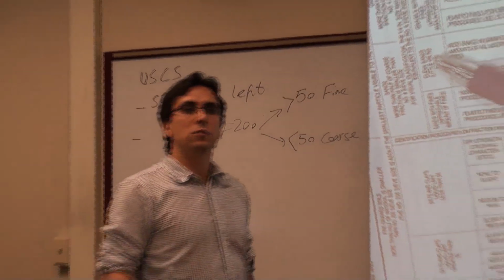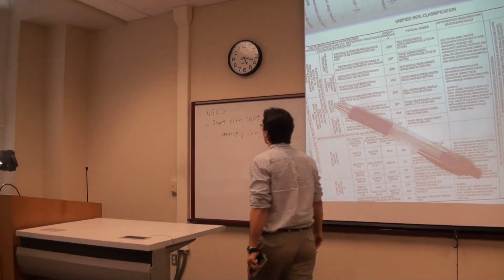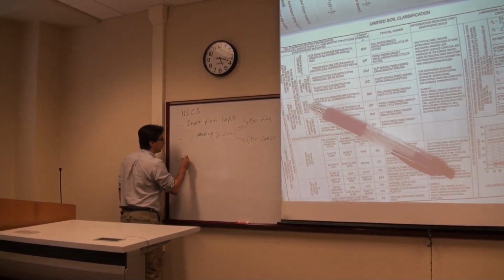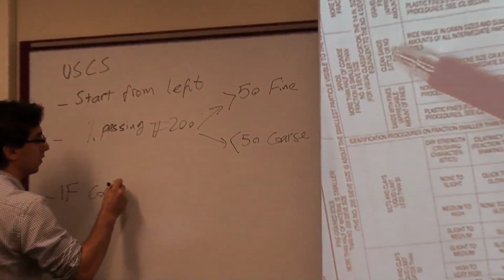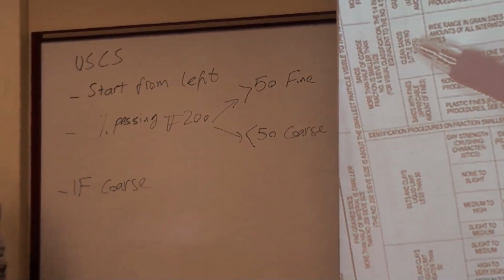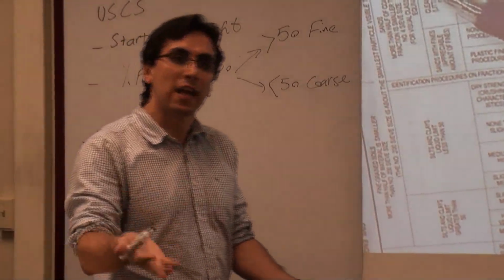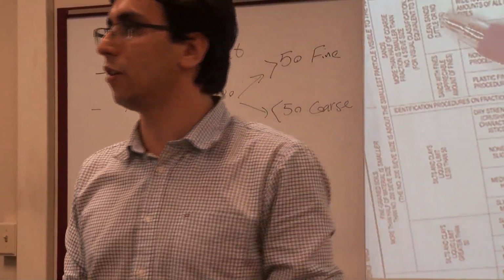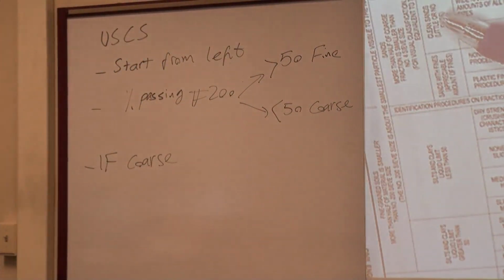Now let's assume that you look at passing sieve number 200, and you can say it's coarse grain. If coarse, now you need to see how much sand you have and how much gravel, because when we are talking about coarse grain material, we are talking about sand and gravel.